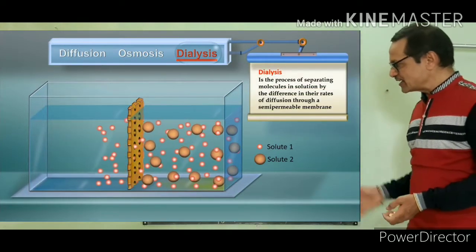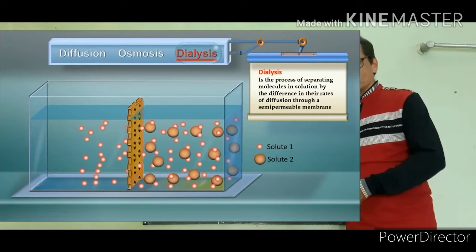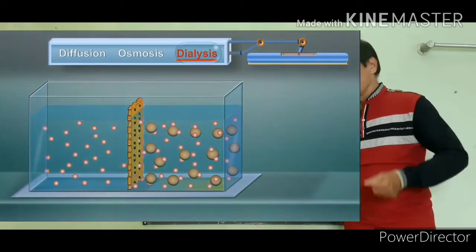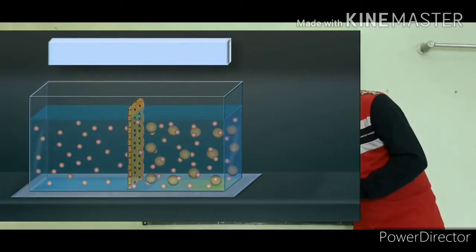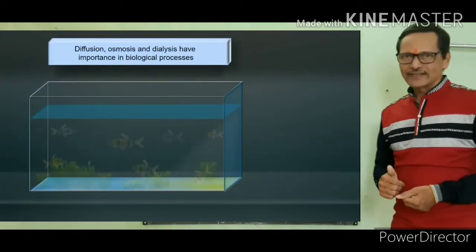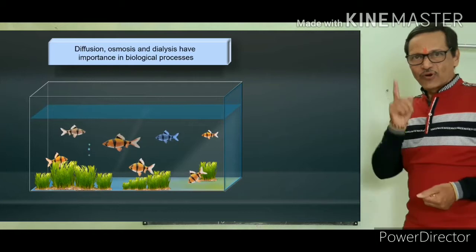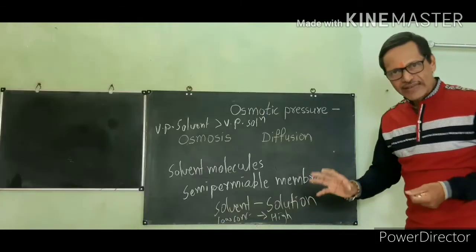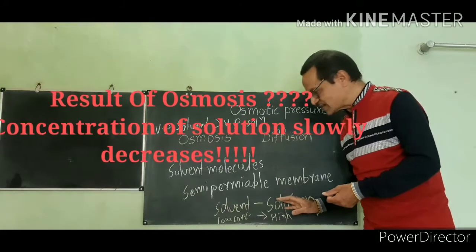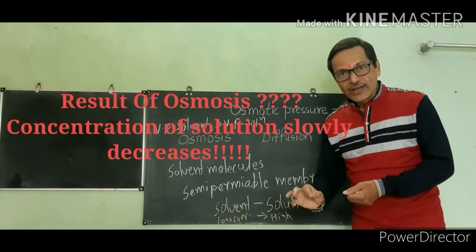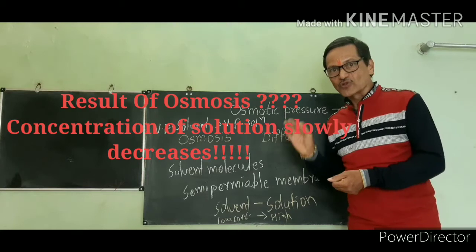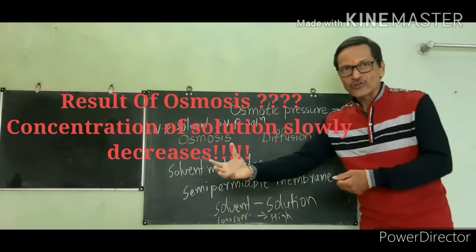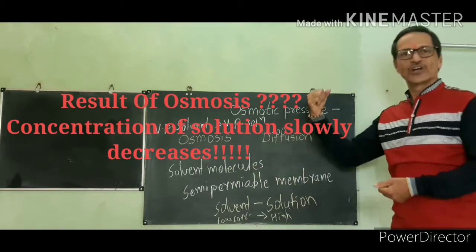Now, let us see what is the result of osmosis. The diagram is given in the notebook. You can also see that diagram. What is the result? Tell me. Flow is from solvent to solution side. That means the concentration of the solution side gradually decreases because solvent molecules are passing into the solution.